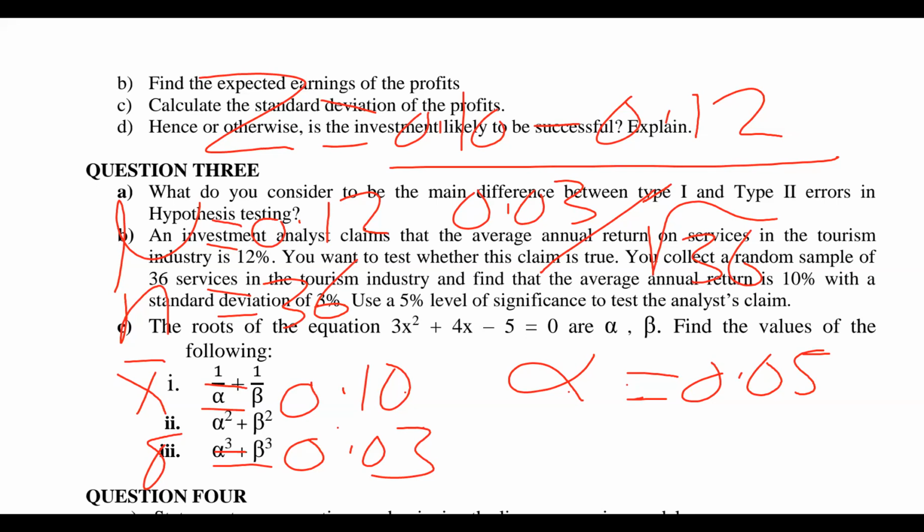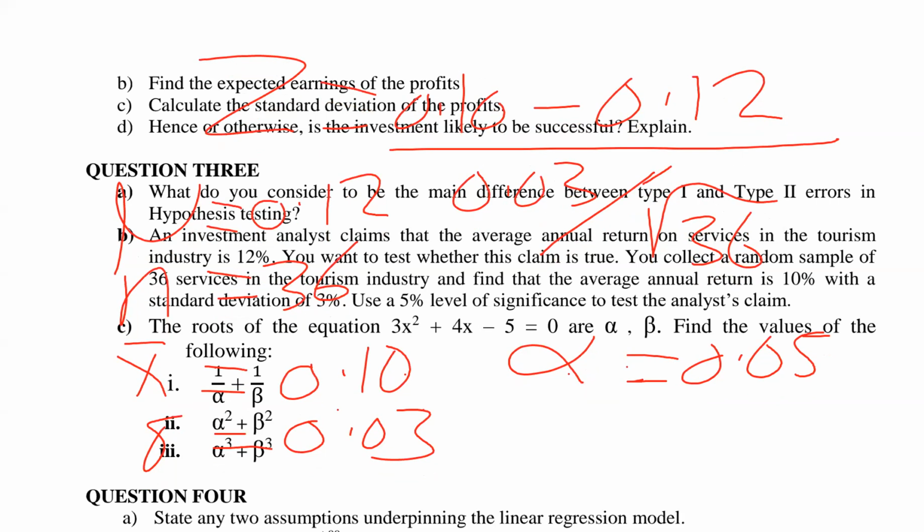Okay, what do we get next? Is it 4? Just 4 or negative 4?